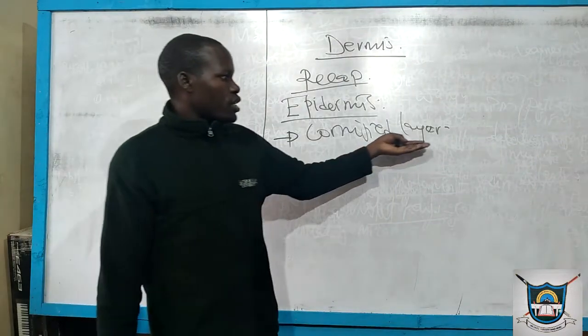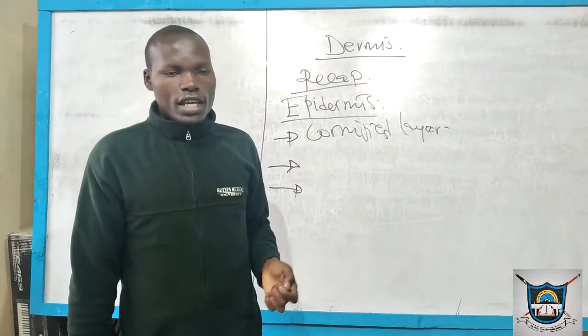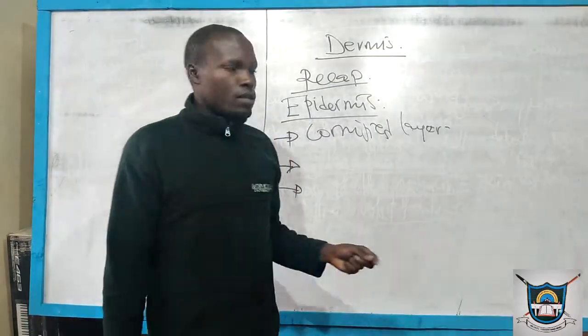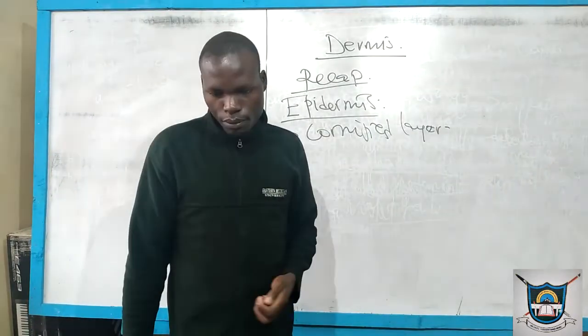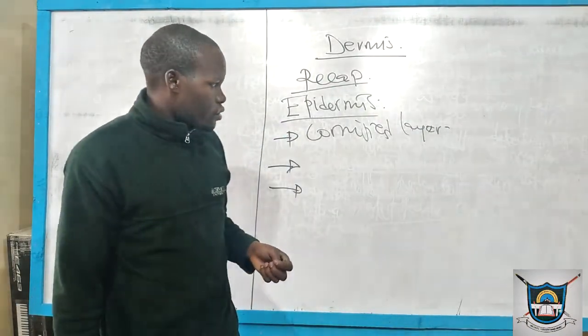This protection, we said, is in two categories: protection from mechanical damage and also entry of microorganisms. And those microorganisms, we said, are for instance the pathogens. Examples of pathogens are the virus, the bacteria, and also the fungus.